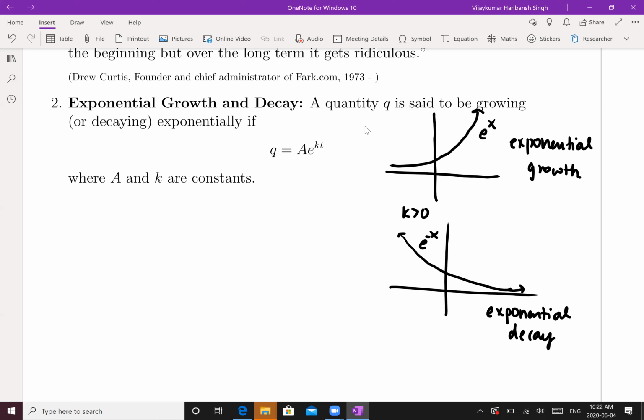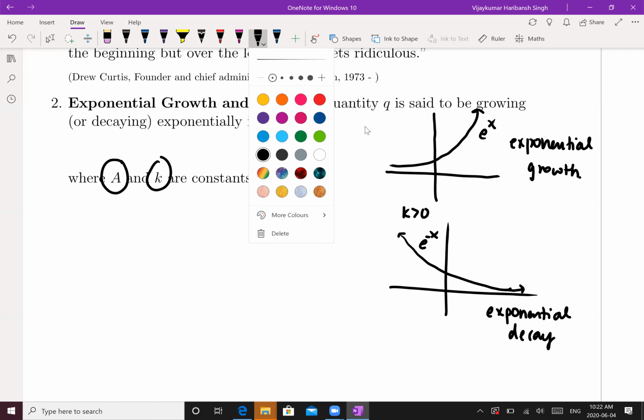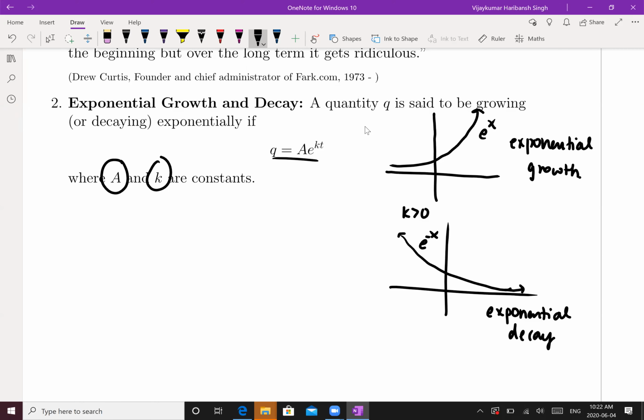So in general, it is given by q equals a e to the power kt, where a and k are some constants. So this is how a quantity is given when you have an exponential growth or decay. Now let's take derivative on both sides of this function with respect to t and see what we get.